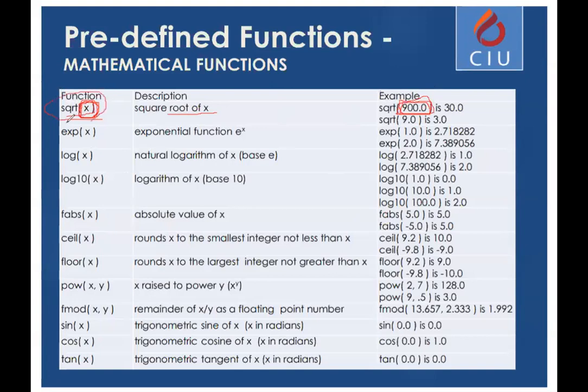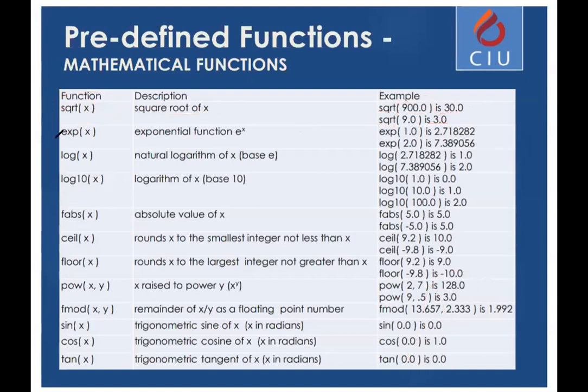Then you will know square root is the one that you need to use. So you just need to know which function does what, and that's the only thing you need to know. Remember that most mathematical equations will return you a double value. So that's why everything in here is represented with decimal points.